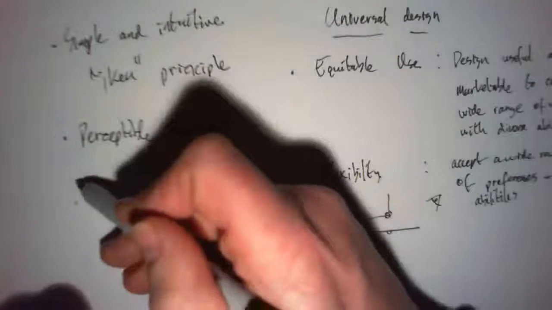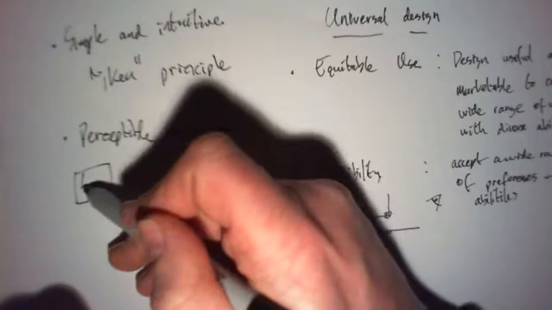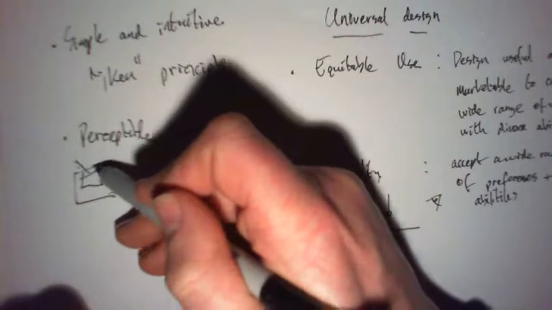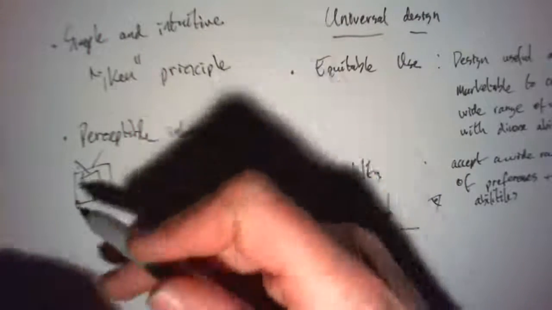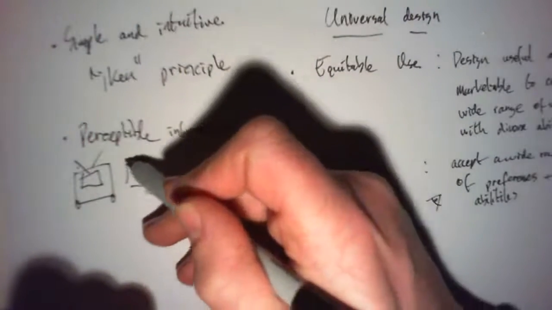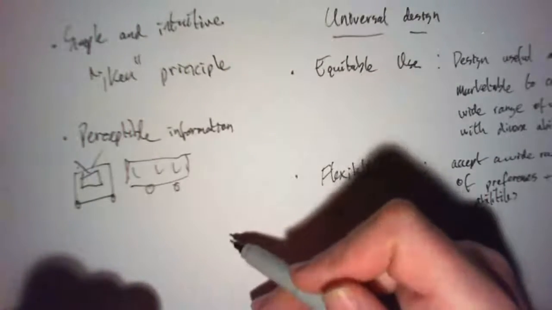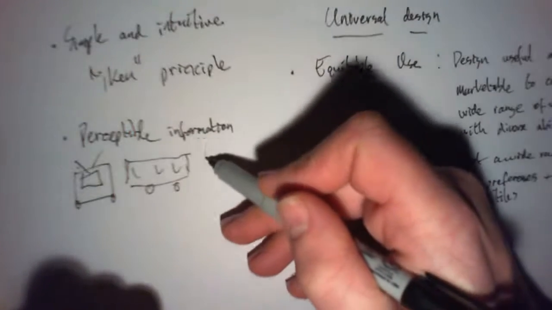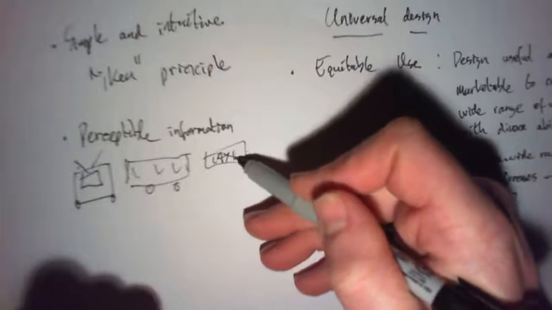There's a universal symbol for a train, for a bus. Bus tends to be a sideways view, doesn't it? And taxi just tends to be with the word taxi on it.